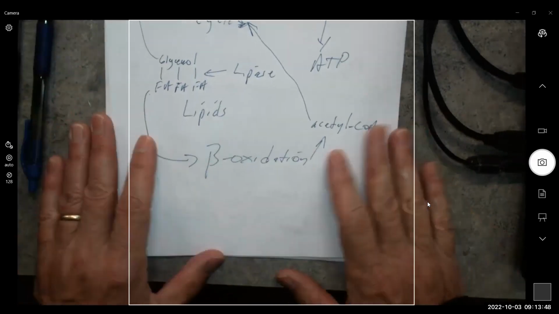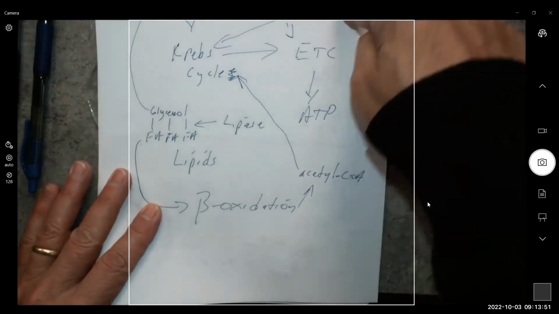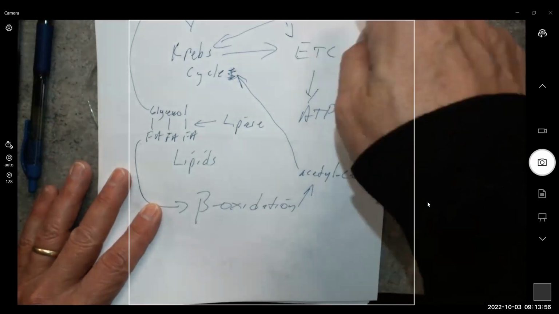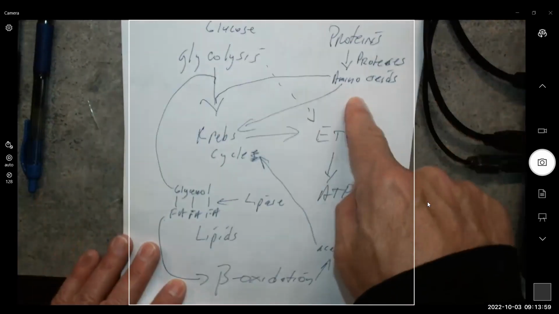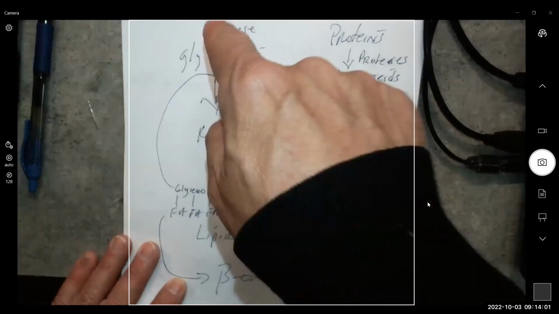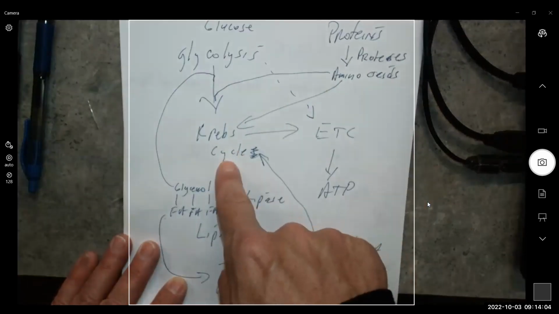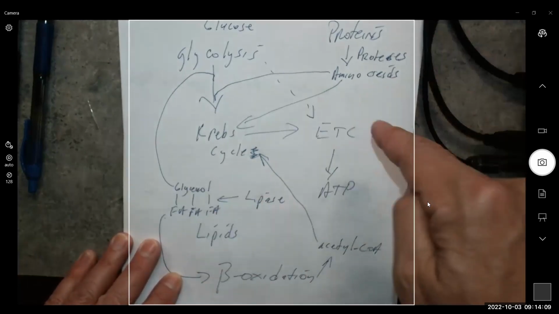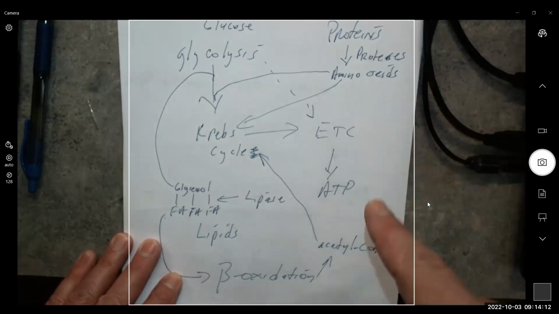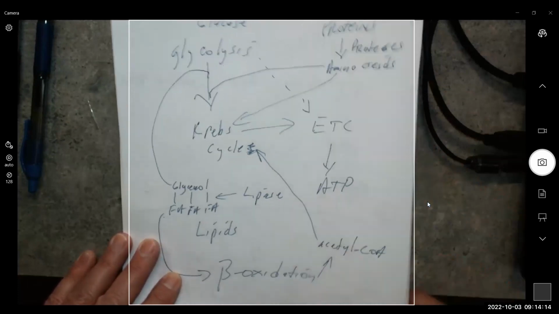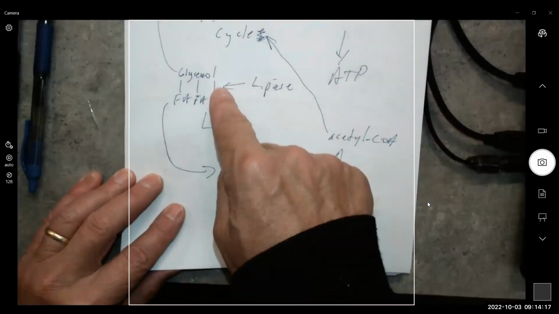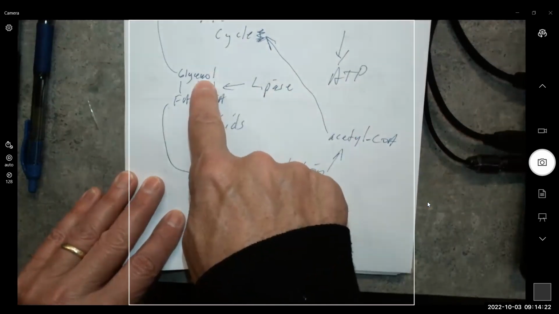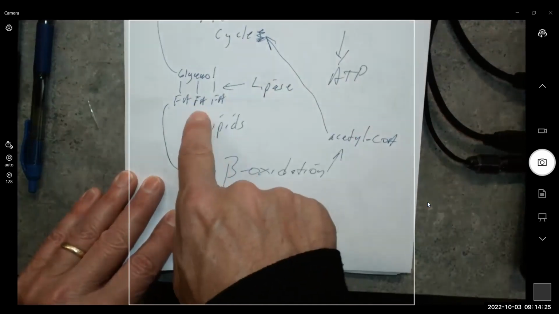So let's rehearse. Proteins are degraded by proteases to amino acids. Amino acids feed into glycolysis, or they get degraded to carbon dioxide and high energy electrons. Those high energy electrons go to the electron transport chain. Lipids are degraded by lipases to glycerol and free fatty acids.